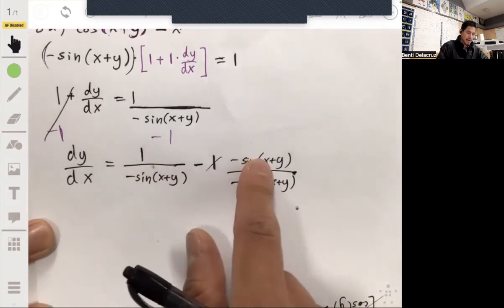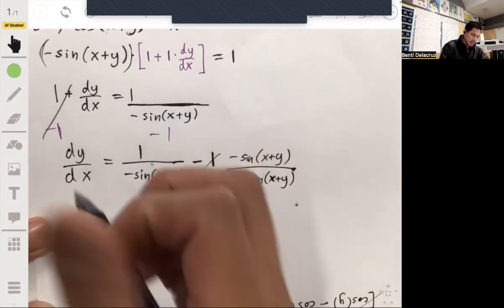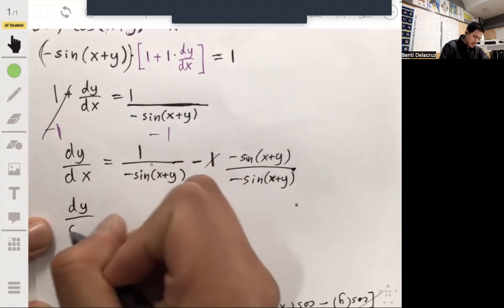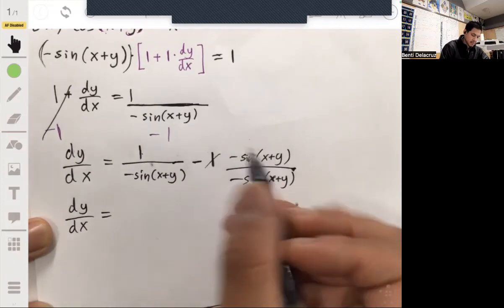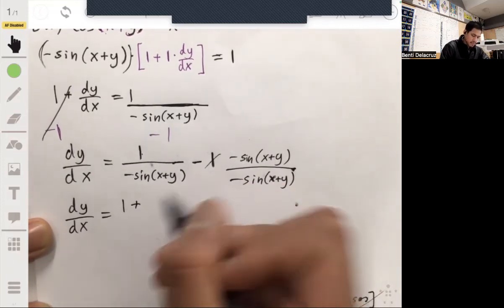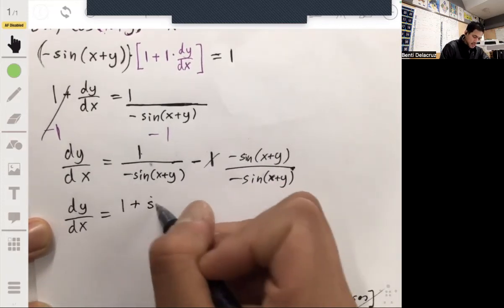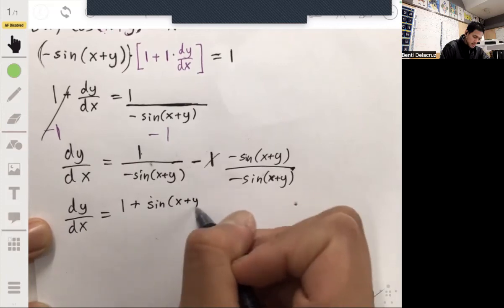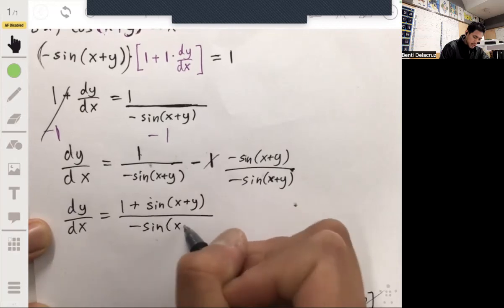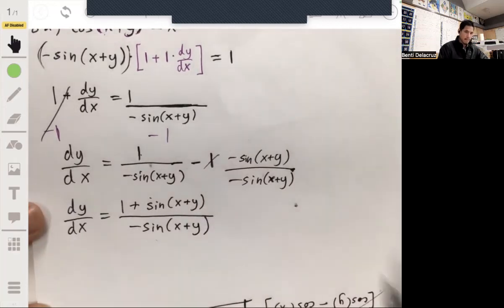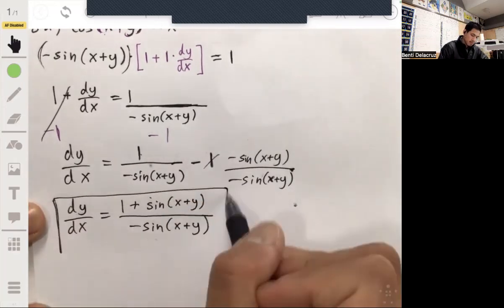So I'm going to have 1 minus the negative sine of x plus y on top. So dy over dx will equal 1 minus the negative sine of x plus y, which is 1 plus the sine of x plus y, all over the negative sine of x plus y. And that'll pretty much be my answer.